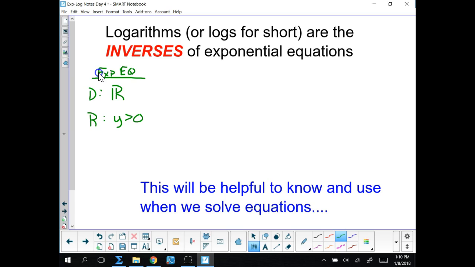If we shifted it horizontally, vertically, flipped it with a negative a value, etc. Well, now in a logarithmic equation, my domain is going to be x is greater than 0, and my range is going to be all real numbers.